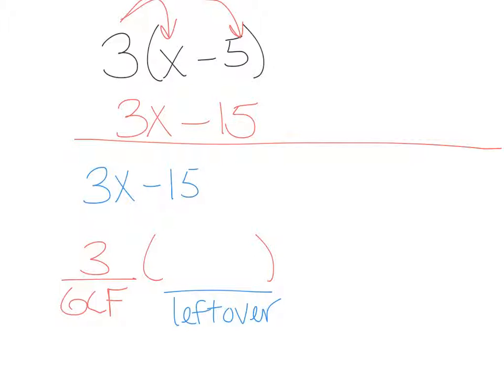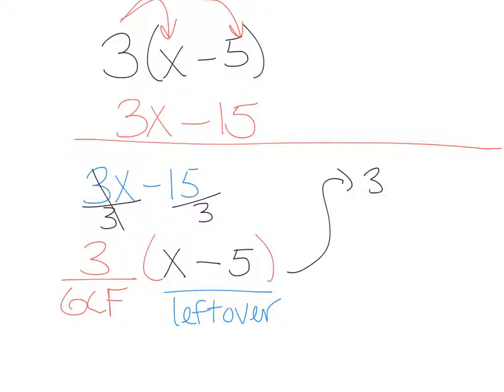If I took out the 3, then for the first term, what is 3x divided by 3? It's just x. For the second term, what is 15 divided by 3? That's 5, and because it was negative 15, it's minus 5. So your factored form is 3 times x minus 5.